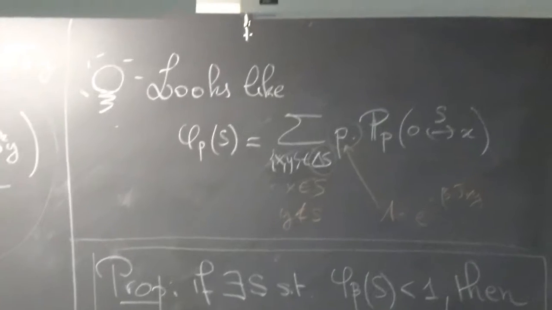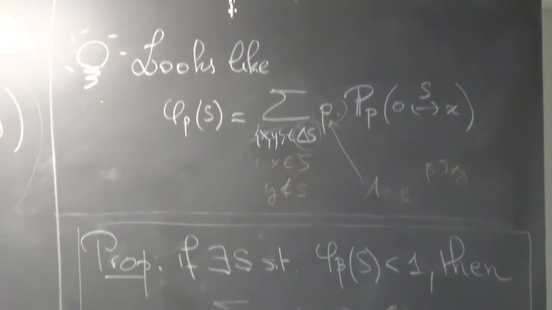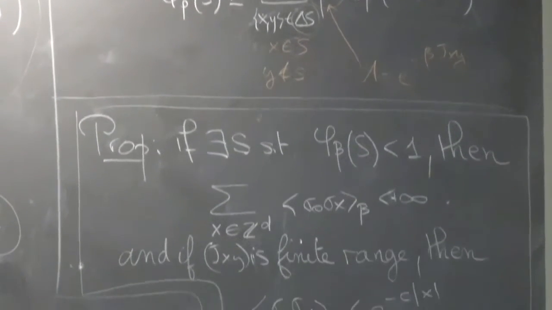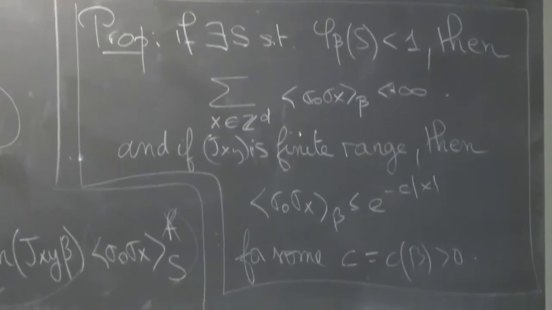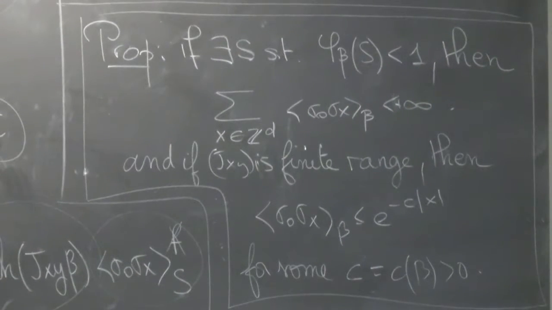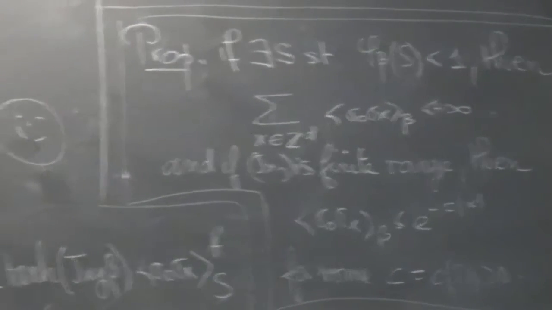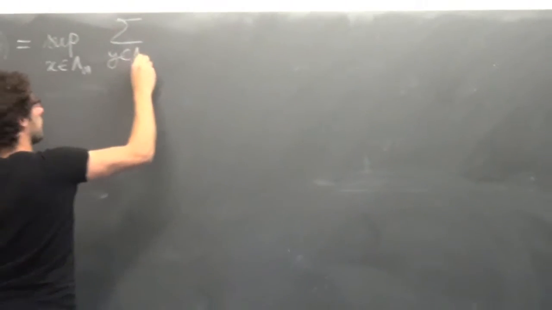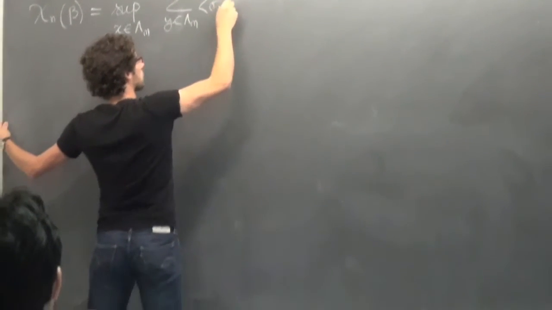Okay. So let's look at chi_n of beta, which is going to be the supremum over x in Lambda_n of the sum for y in Lambda_n of <sigma_x sigma_y>.